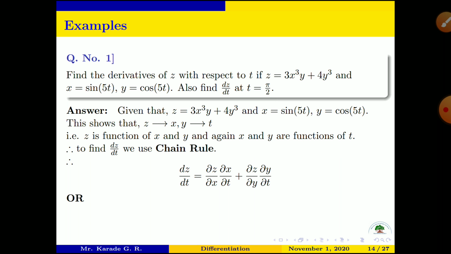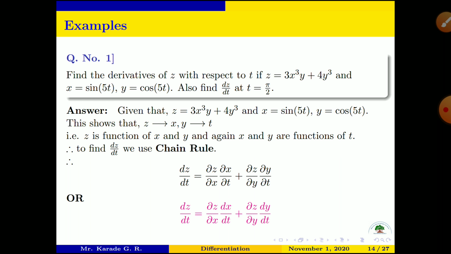Or we can write this chain rule like this: dz/dt = ∂z/∂x times dx/dt plus ∂z/∂y times dy/dt.